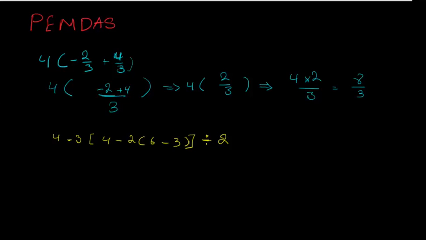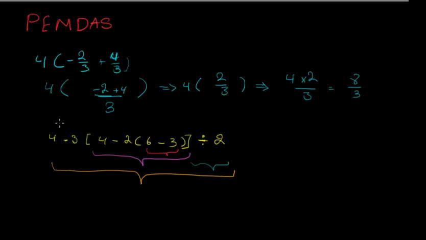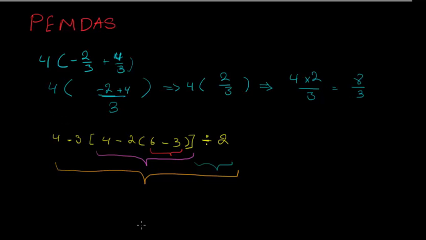Now, the first thing we do is start from inside out. We start with parentheses, and then the bracket. After that, we do the division, and finally we do the addition and subtraction.